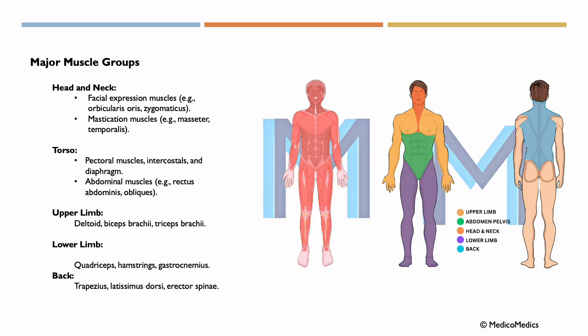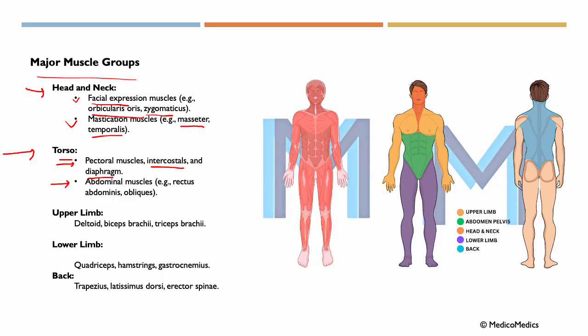Now let's briefly discuss the major muscle groups. So we have the head and neck. Here are muscles involved in facial expression. For example, the orbicularis oris and the zygomaticus. We have the mastication muscles here, like the masseter and the temporalis muscles. Further down, we have the torso. So we have the pectoral muscles, the intercostal muscles, and the diaphragm.